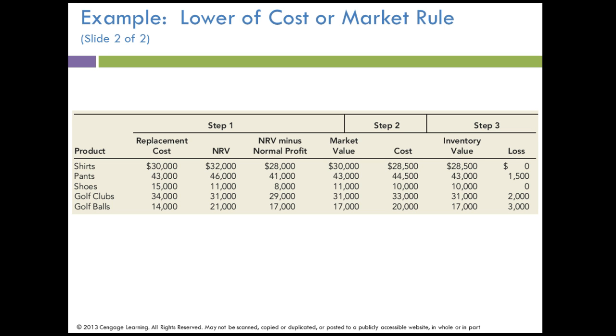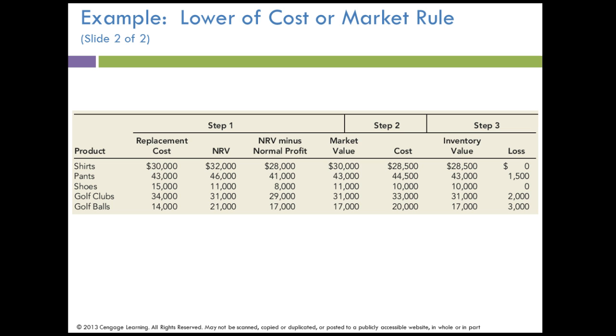The replacement cost is definitely in the middle. Our net realizable value is the ceiling, and the net realizable value minus the normal profit is the floor. As you can see here, there's no need to write that off because we're right where we need to be. When we look at the pants, our cost is $44,500.